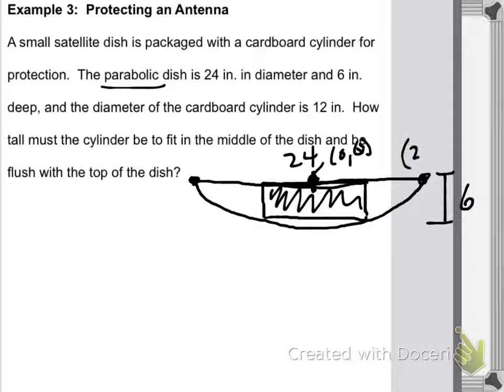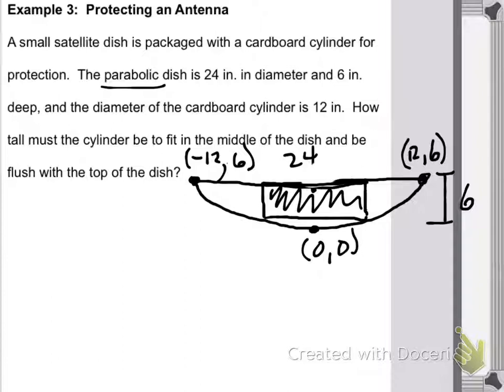Actually, this would be 0, 0 down here. Which would make that point 12, 6, because remember, this is in the middle of the 24. Now, if I went the other way, I would be at negative 12, 6. Because from 0, 0, I go to the right 12, up 6, or left 12, up 6.